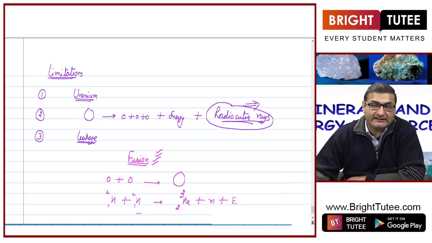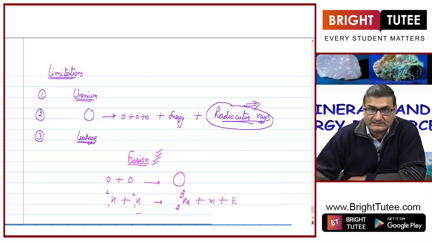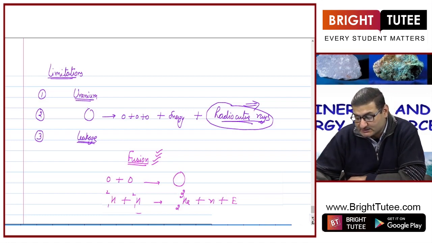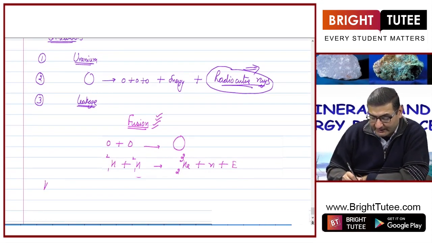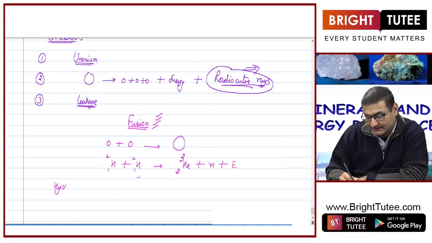We have not yet been able to generate fusion energy. The worst point is, we have already been able to use this fusion in a destructive manner in the form of hydrogen bombs.